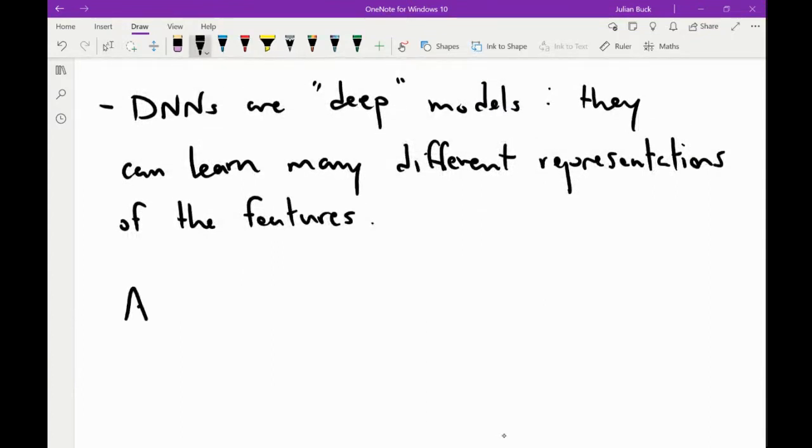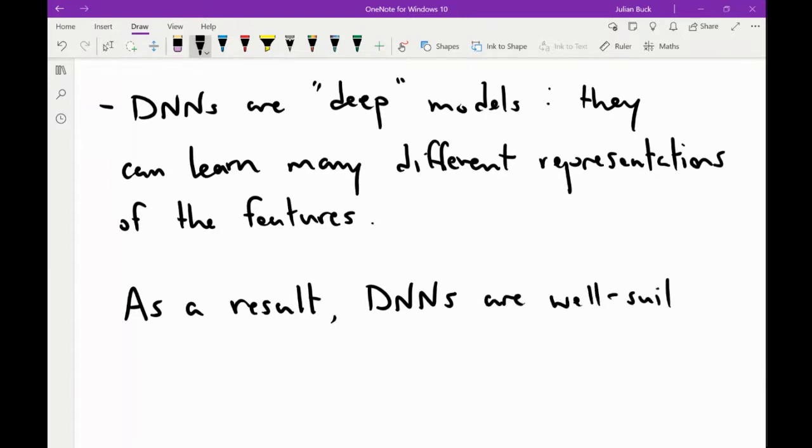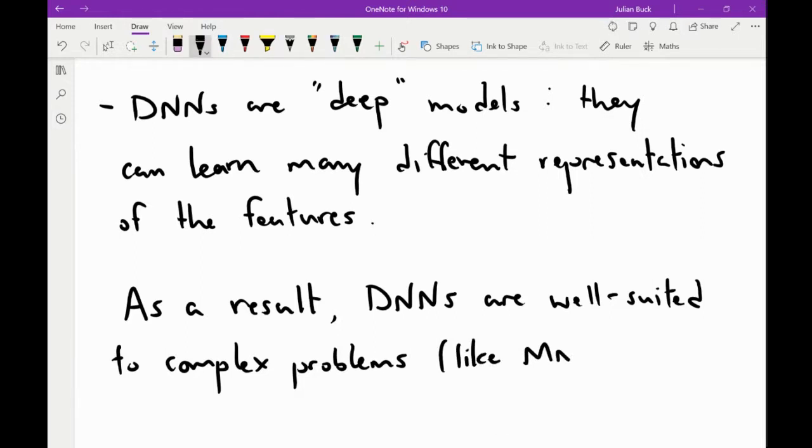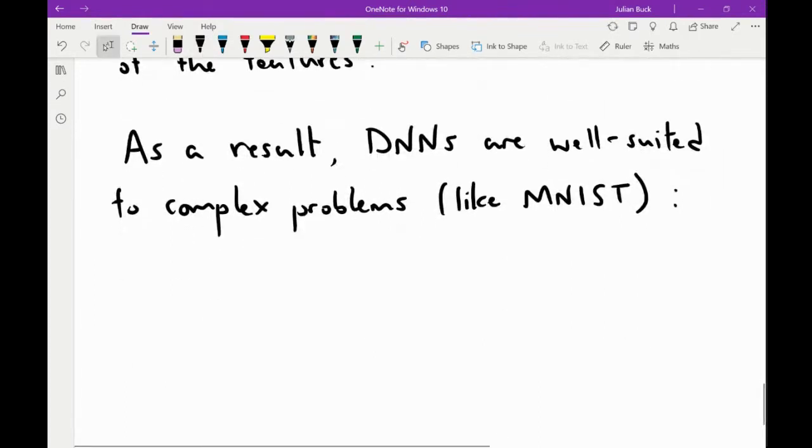As a result, deep neural networks are well suited to complex problems, like MNIST, being able to recognize digits from handwriting. What do we mean by complex problems?